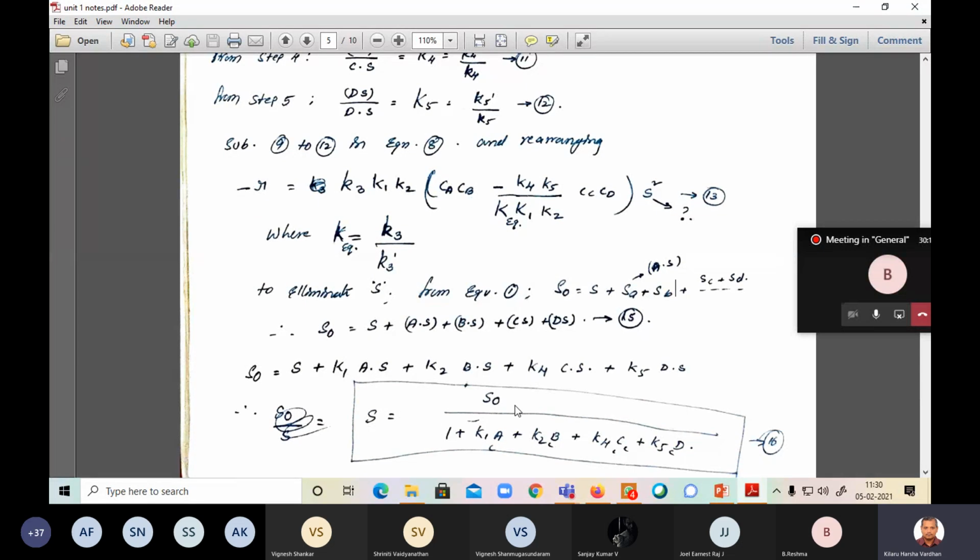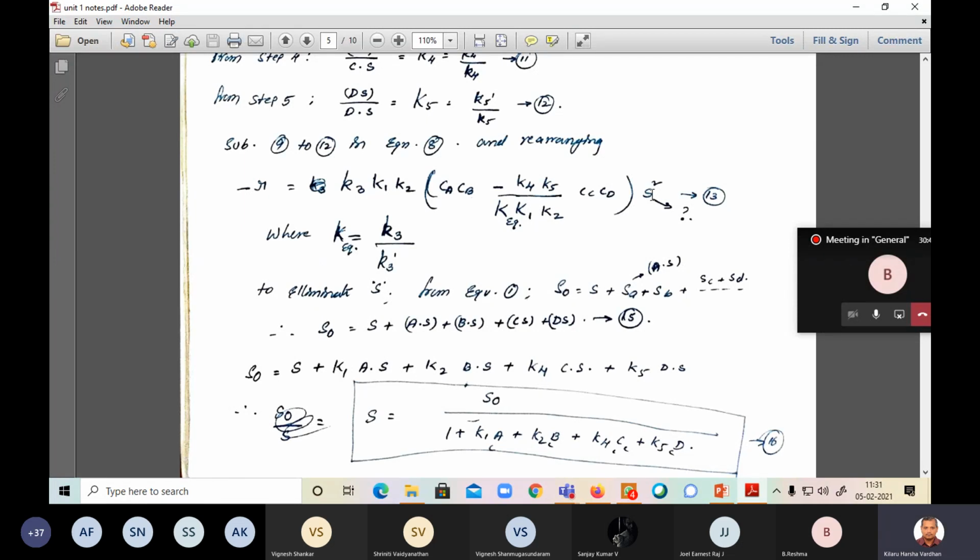S is equal to S naught divided by 1 plus K1A, K2B, K4C, K5D. K3 won't come because you are assuming it is rate controlling. Whatever is rate controlling won't come here. Correct. Now substitute this S here.